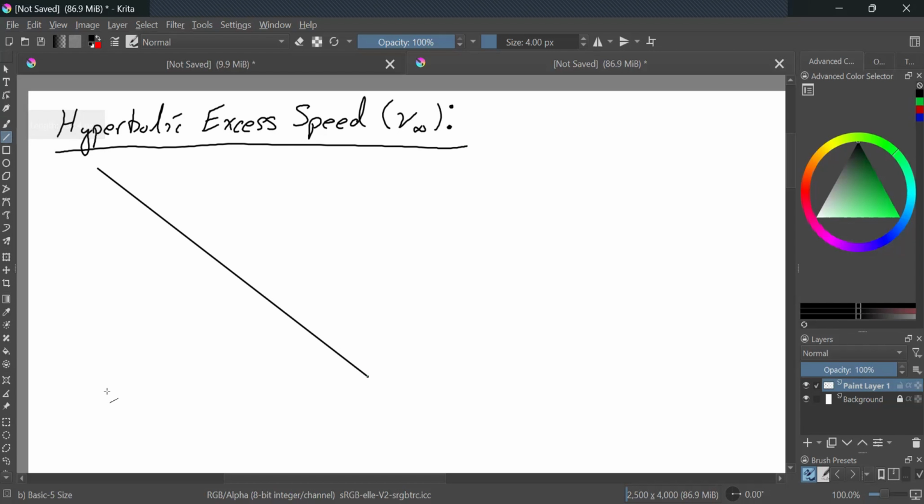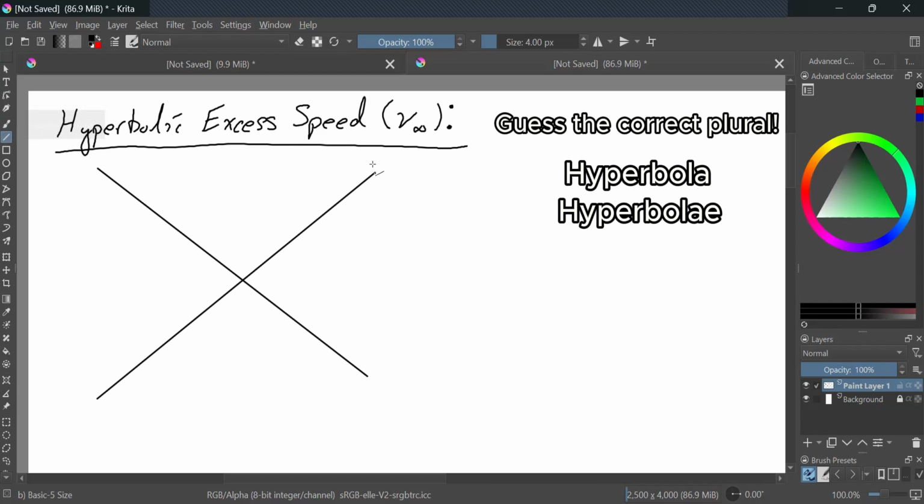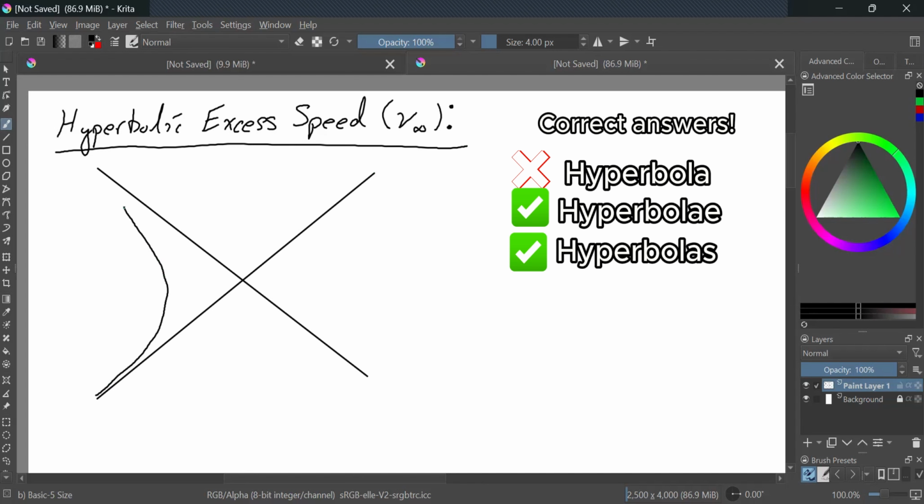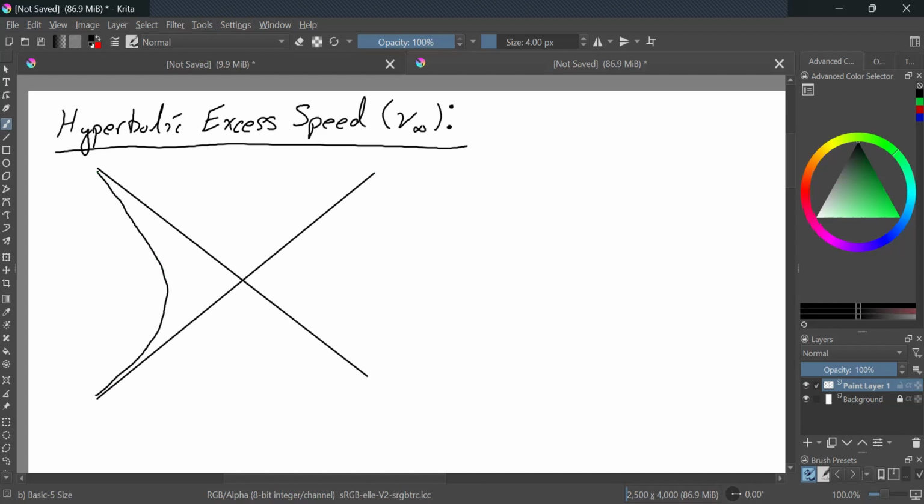When it comes to hyperbolas, when you are dealing with a hyperbola, this excess speed that you will find here is actually also your starting speed and your ending speed.